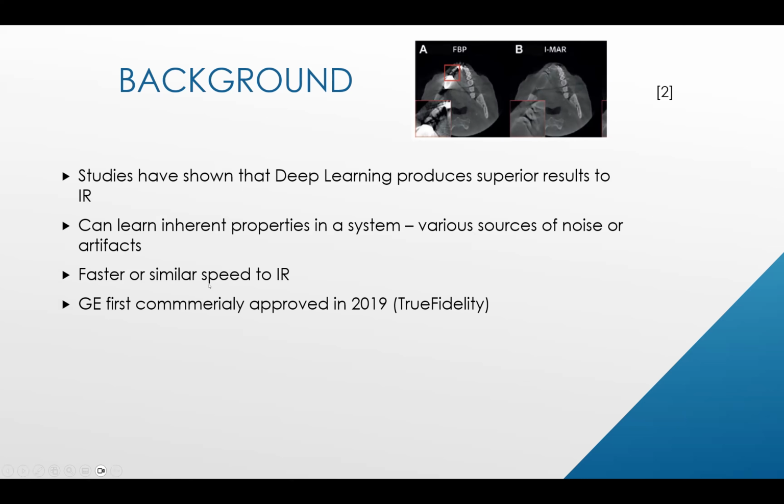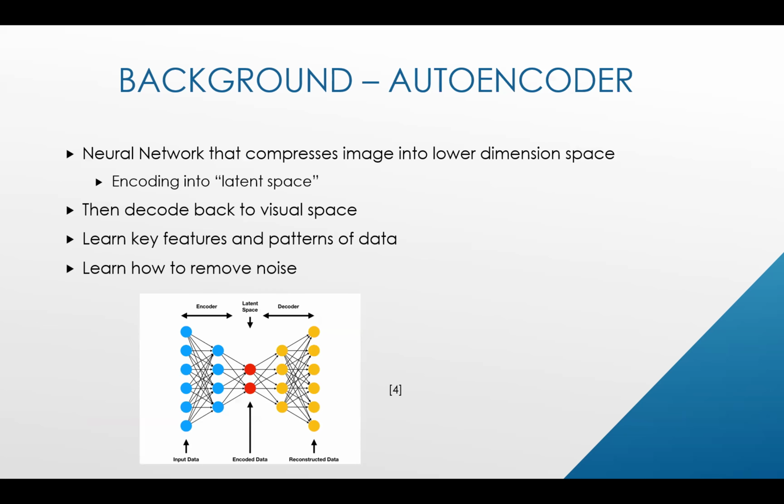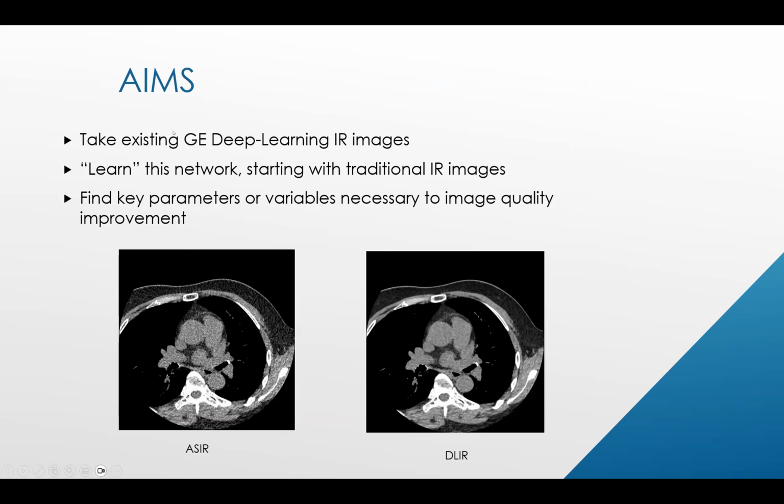Right, and usually they can be run at a speed similar to iterative reconstruction. And GE first had a commercially approved system in 2019, and I think all the other manufacturers have followed suit. And so my aim here was actually to take these images that were provided by Professor McVeigh.